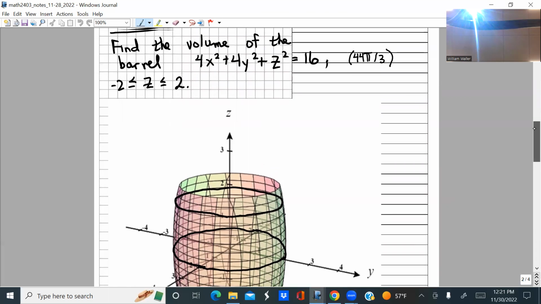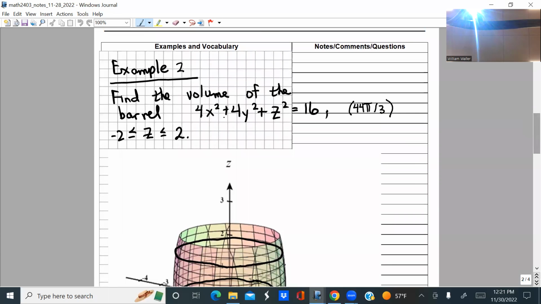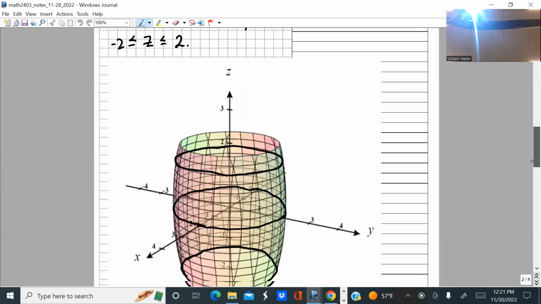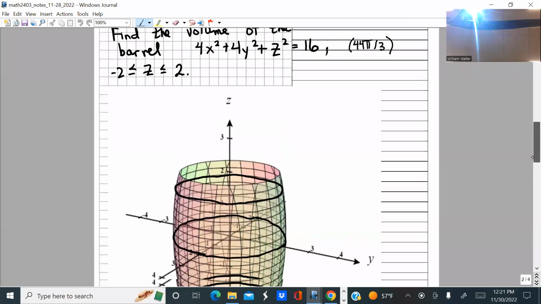Here's the formula for the barrel. I don't think that is one of our quadratic surfaces, but maybe it is. Anyway, that equation is the definition for the barrel.